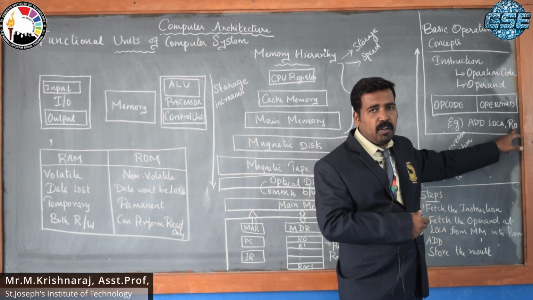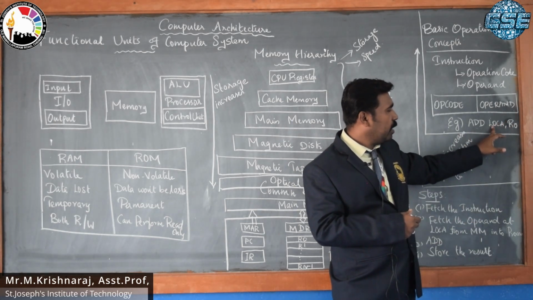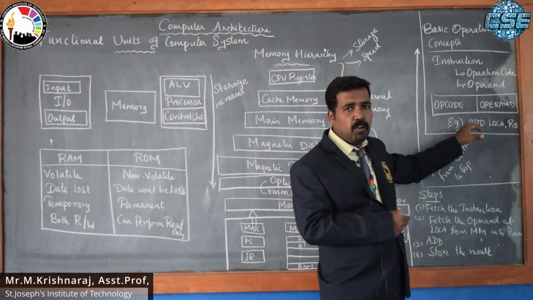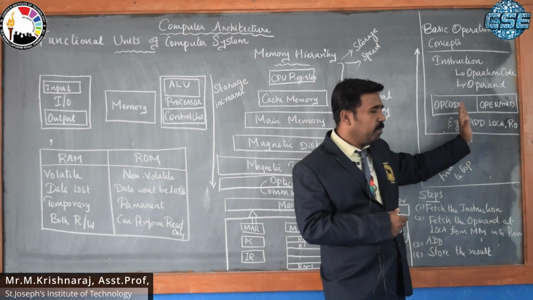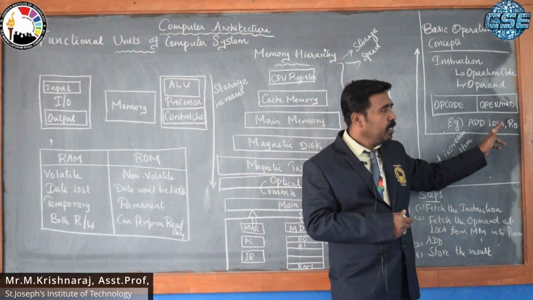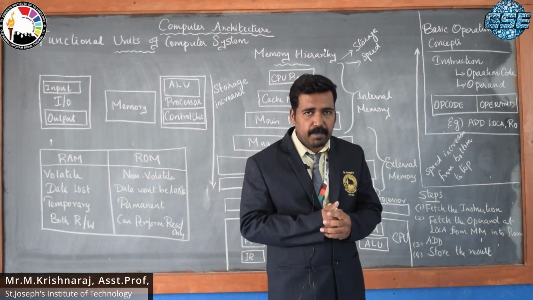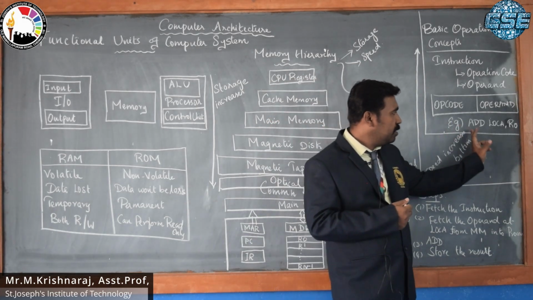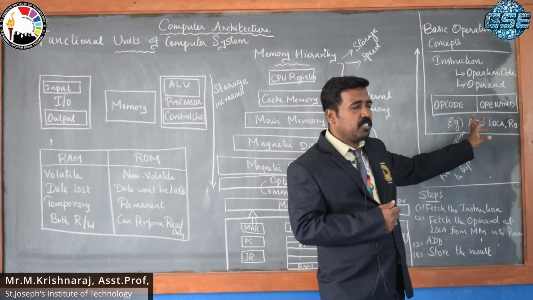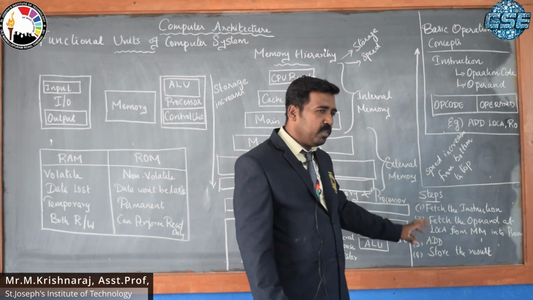So we are using two operands, location and R0, and Add is the opcode. This whole thing is collectively called a CPU instruction. This CPU instruction can be performed in 4 different steps. In order to perform this single CPU instruction, you have 4 steps to follow. For example, these are the steps you have to follow.